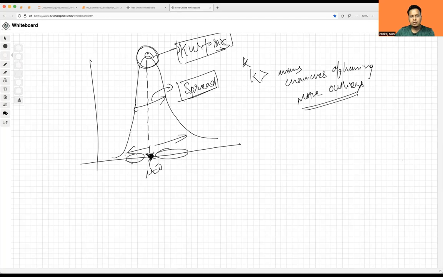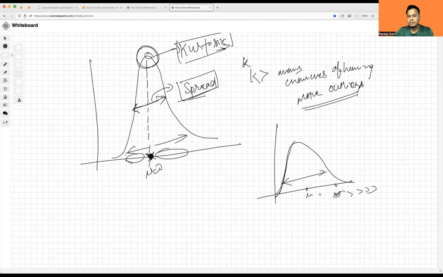So the lesser the width, it means your spread is less, or variance is less. If more variance is there in the data, let's say your mu is here, you'll see the curve with more width. More width means variance is a little high.